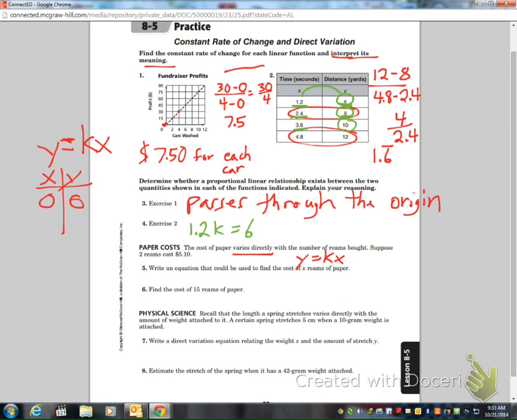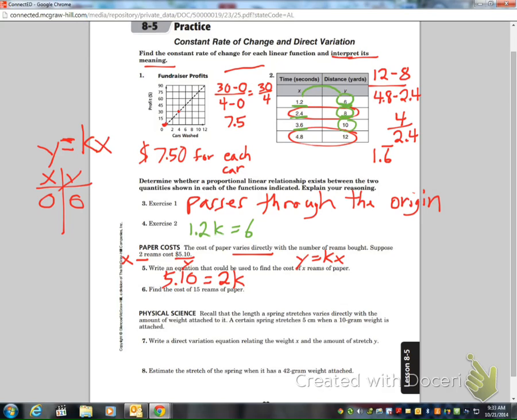Suppose 2 reams cost $5.10. 2 reams is going to be my x value. $5.10 is going to be my y value. So $5.10 is equal to 2k, right?